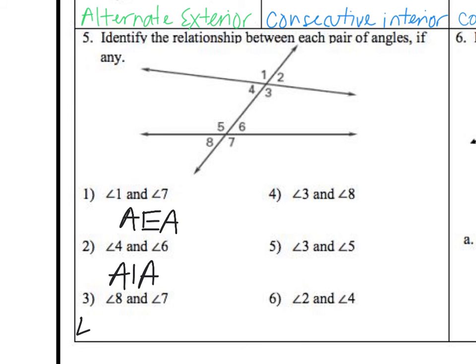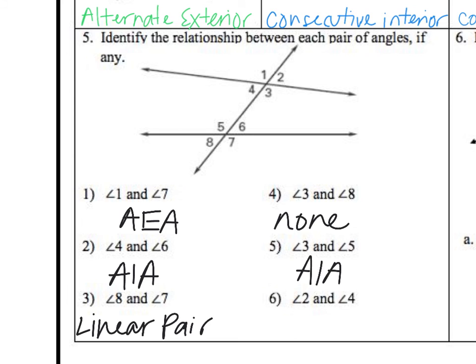Linear pair. 3 and 8. None of the above. 3 and 5. Alternate interior. 2 and 4. Vertical.